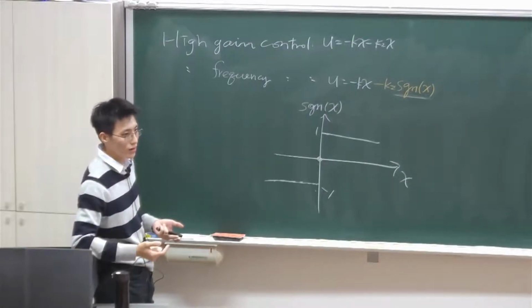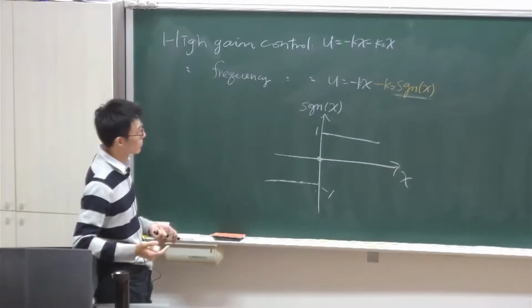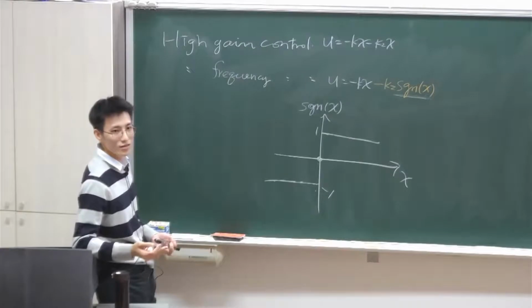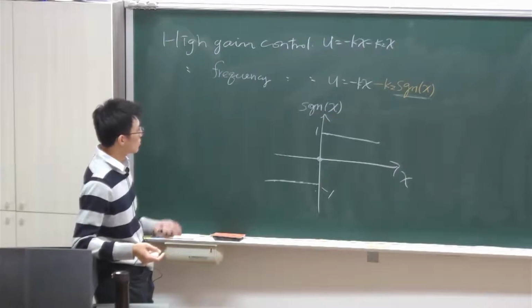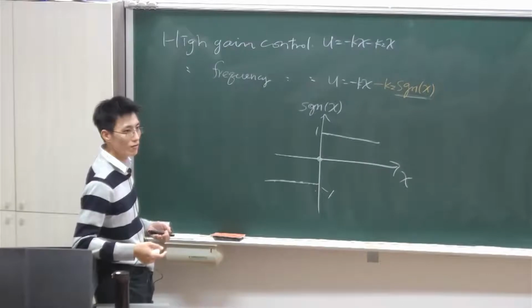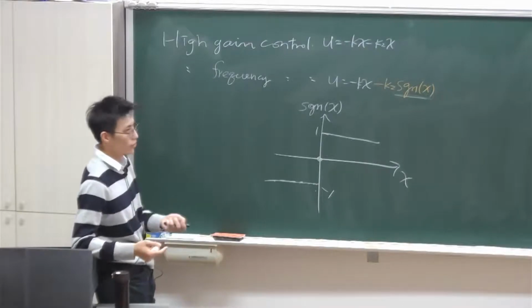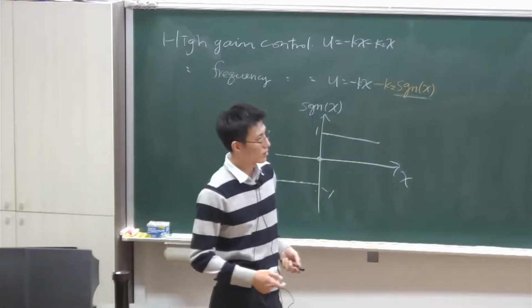It doesn't go anywhere, but it consumes energy and dissipates as heat. So it's useless, and the motor might be damaged because of the heat. There are many improved versions of this control. Anyway, here we analyze the stability analysis.